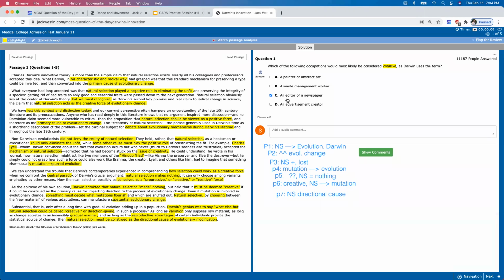The editor is just choosing parts of it to edit and keep. So that would be the best answer here. B would go against it, because I don't think this mentioned the raw material for the waste management worker. Those would be something that Darwin's contemporaries believed was not creative, who said natural selection was not creative.